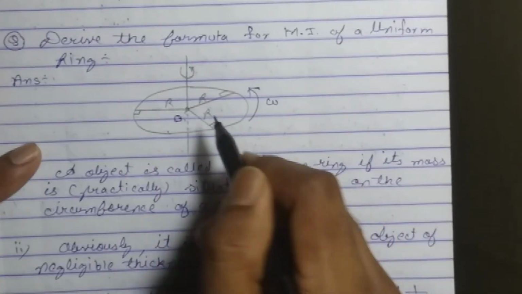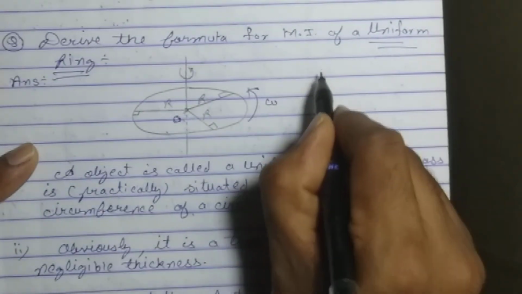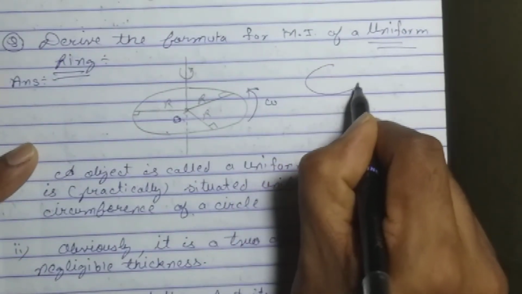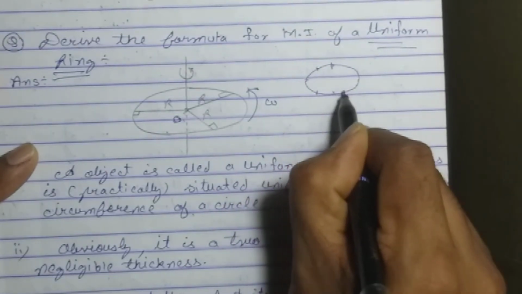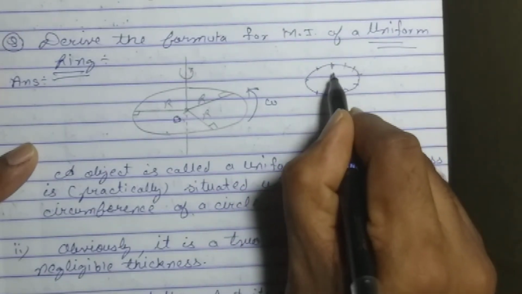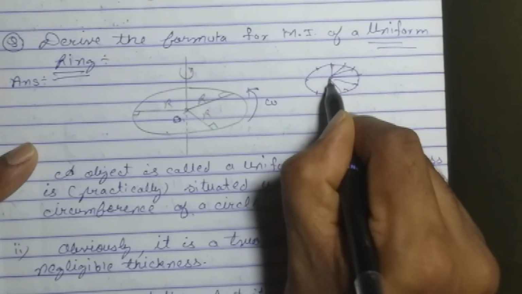Students, what is a uniform ring? The name itself is a ring, no? Ring means it consists of n number of particles whose distance from O is R, as it is a circular ring.